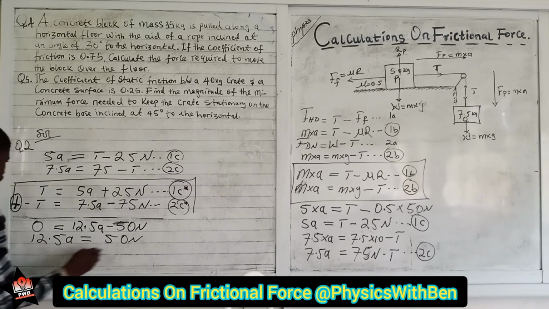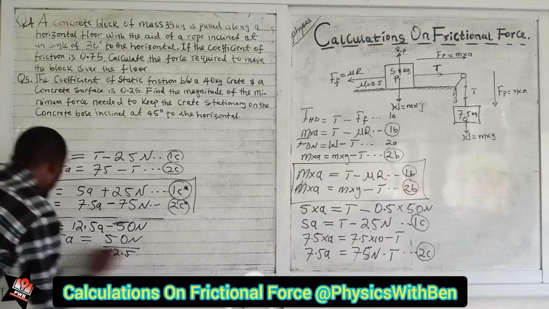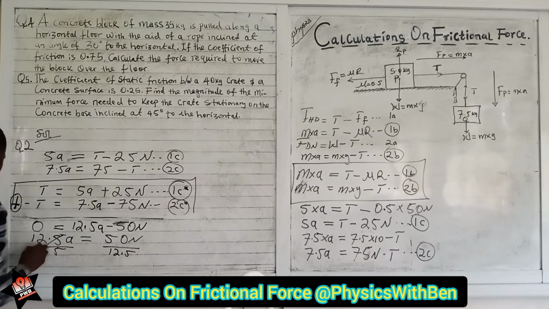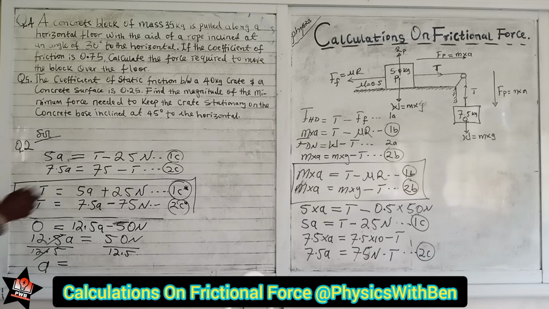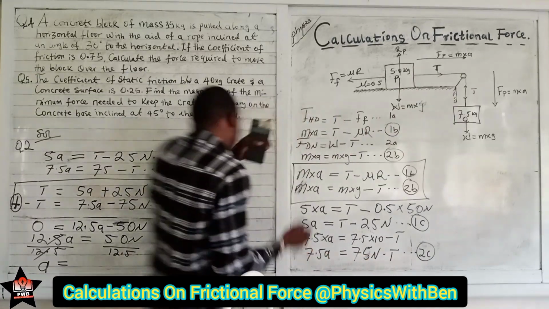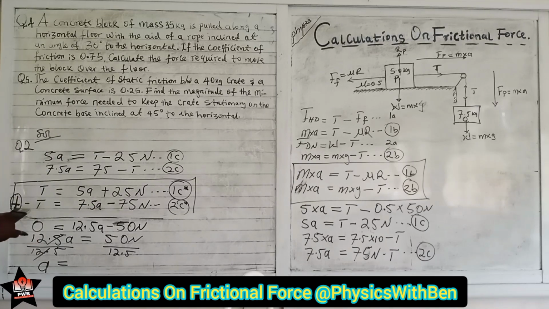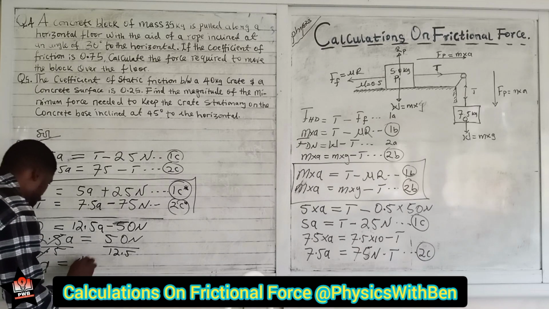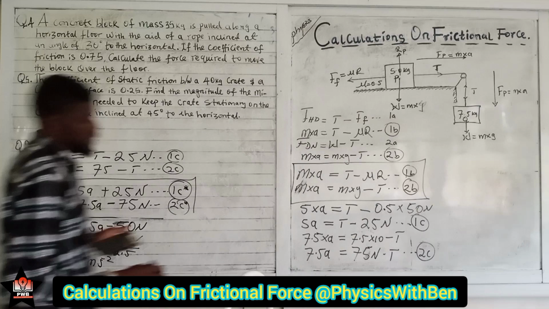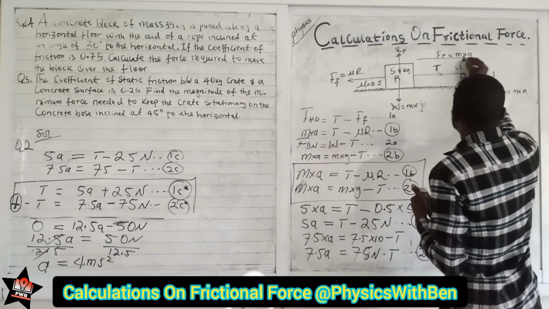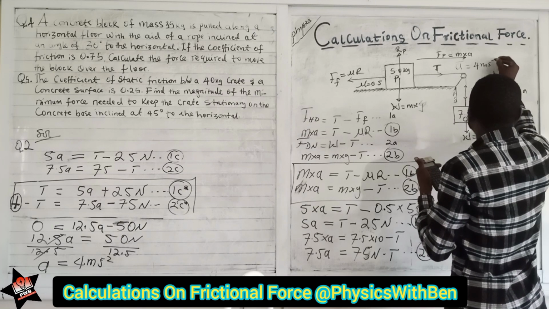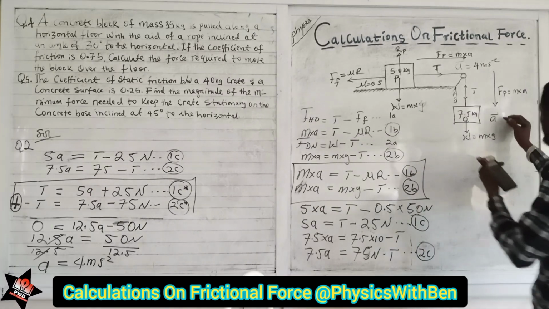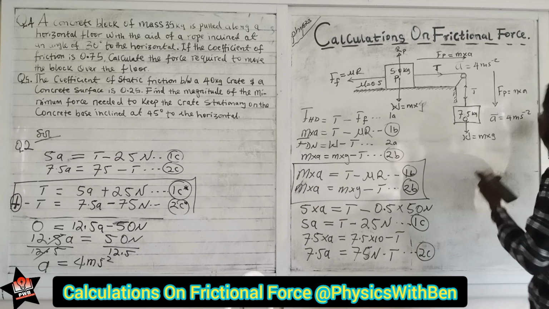We divide both sides by 12.5, and then our acceleration, which is common to both, will be equal to 50 divided by 12.5. That is 4 meters per second squared.